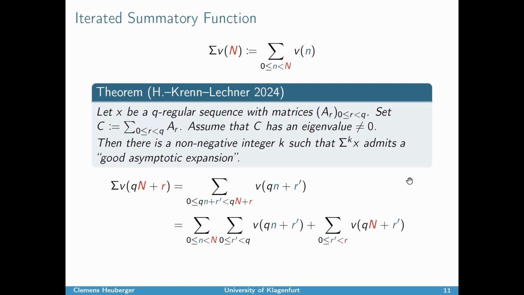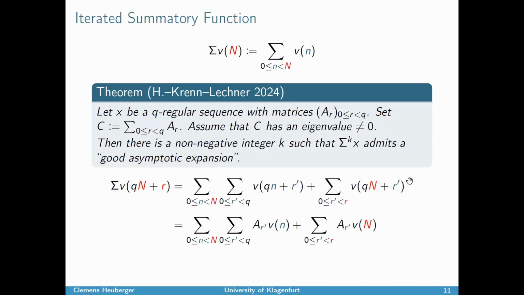This here is either smaller if n is smaller than capital N, and then I might take everything for R prime, or while I have a few remaining summands for lowercase n equal to capital N. These are the more important terms, and then I have a few more terms over there.